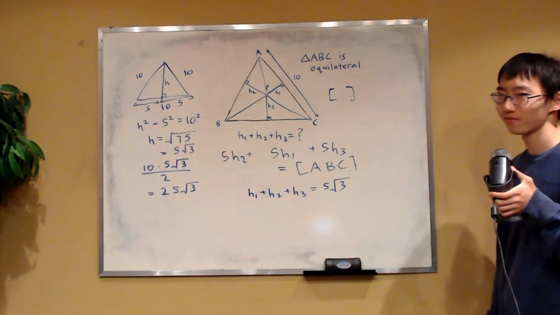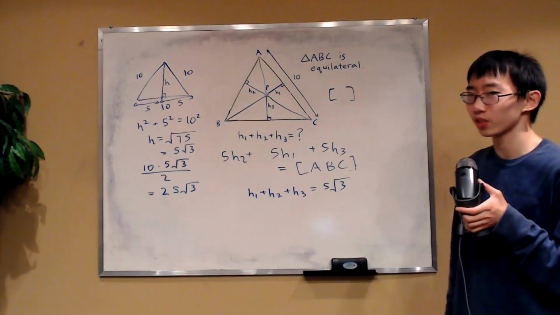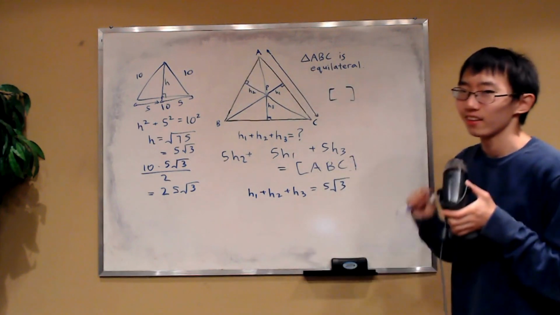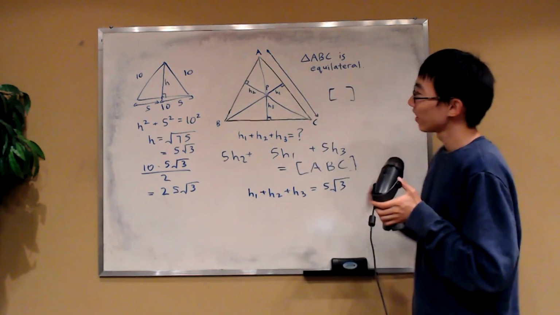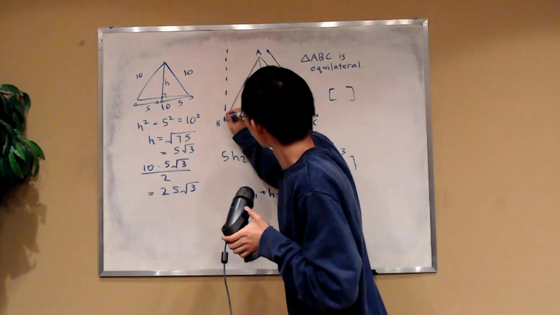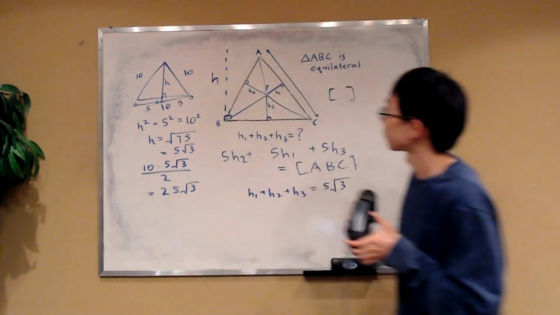Isn't that cool? Now, notice what I basically just proved over here. Forget about the condition that the side length is 10. We have an equilateral triangle, and we're going to call its altitude h.